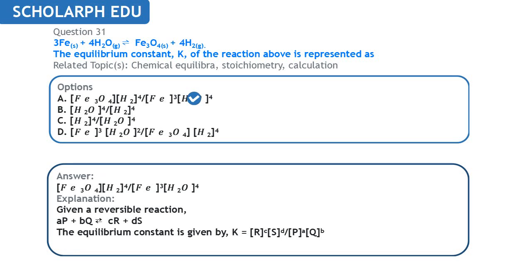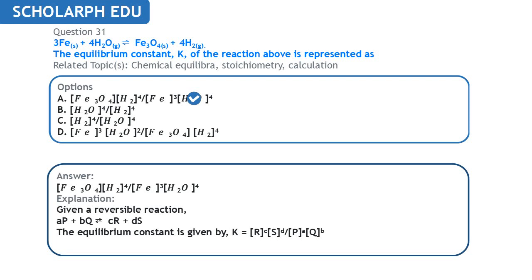A moles of P reacts with B moles of Q to produce C moles of R plus D moles of S. We say that the equilibrium constant is equal to R raised to power C times S raised to power D, that's on the product side, divided by what you have on the reactant side, P raised to power A times Q raised to power B.